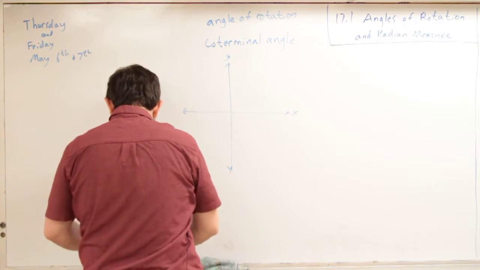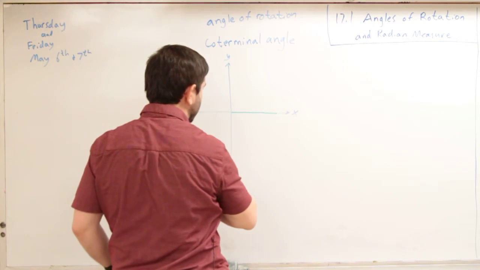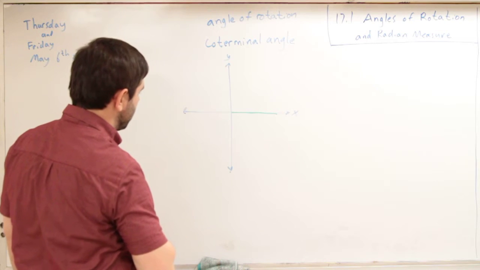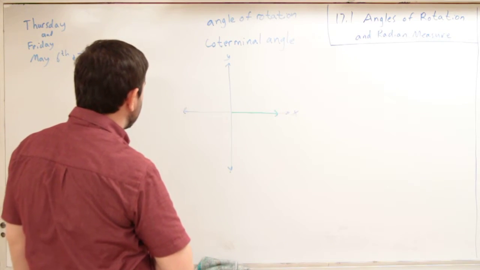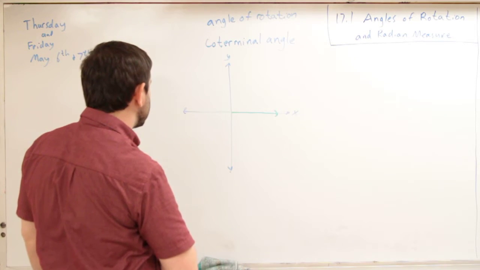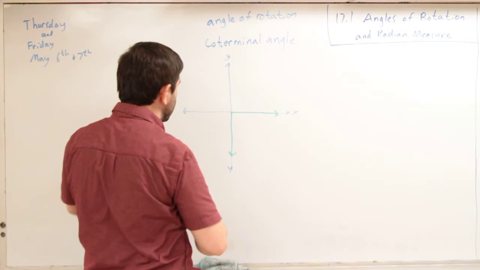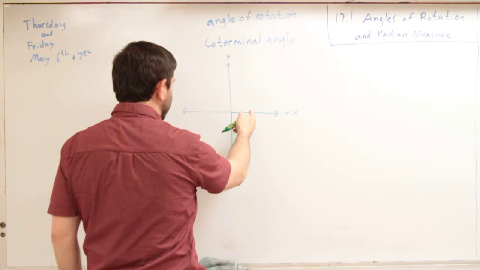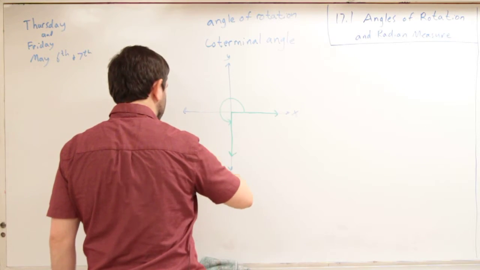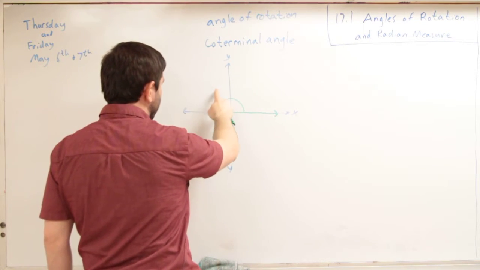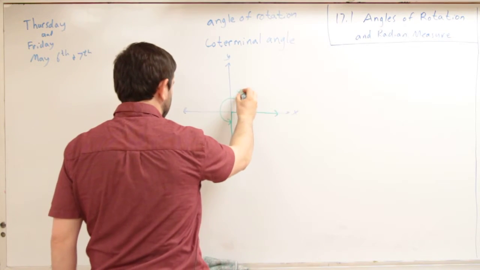So we always start on our x-axis, sorry about that squeak, and we could say go out to, let's make it be this line right here. And so we always measure this way. So this is 90 degrees plus 90 degrees plus 90 degrees, so that's 270 degrees.